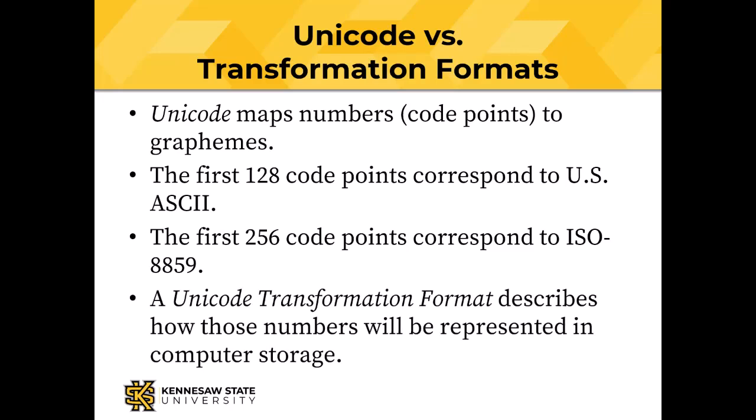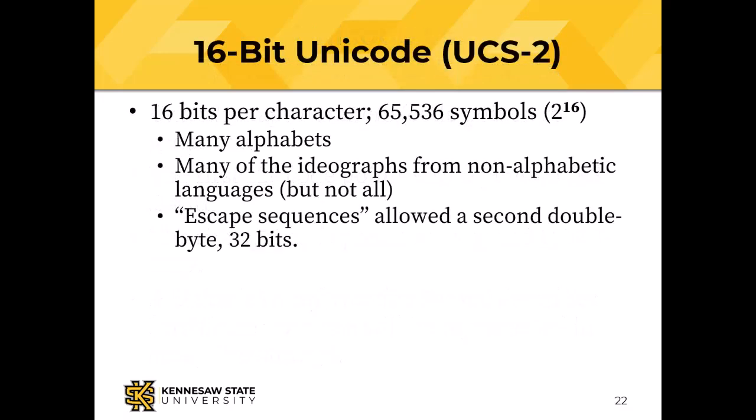A Unicode transformation format describes how those numbers will be represented in computer storage. Unicode is just numbers. The transformation format describes how those numbers are stored. One of the first transformation formats was something called UCS2, Unicode Character Set 2. 16 bits per character, 65,536 symbols. We got a whole bunch of alphabets out of that, many but not all of the ideographs from the non-alphabetic languages.